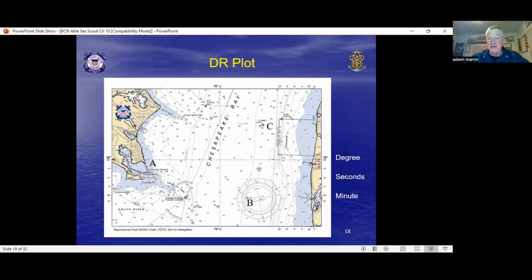So you take the seconds and divide by 60 to get 1/10 at the scale. So like if you had 16 seconds, you divide that by 60 and you'd come up with 0.3 nautical miles.